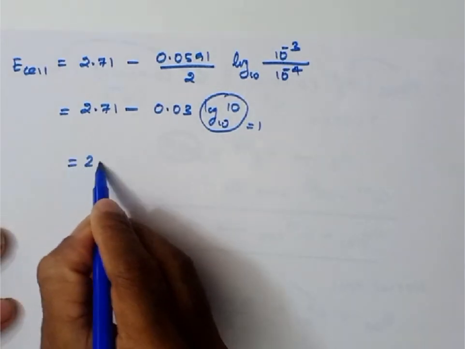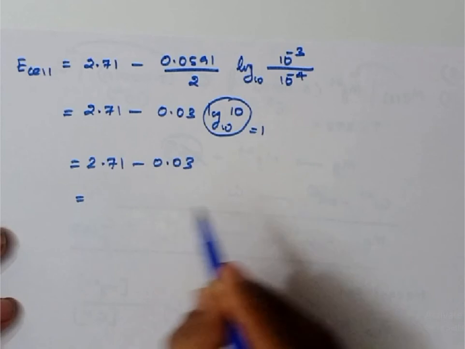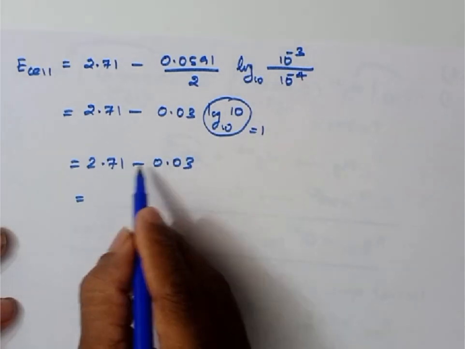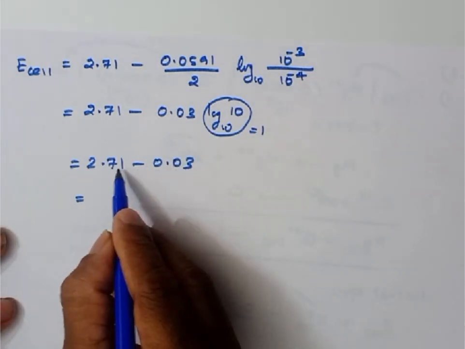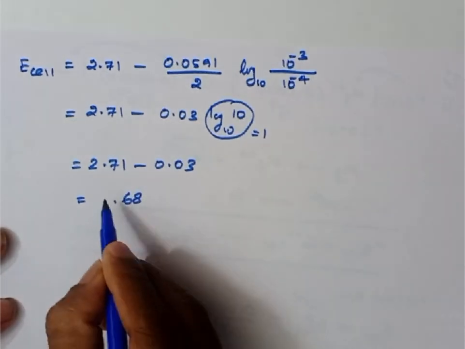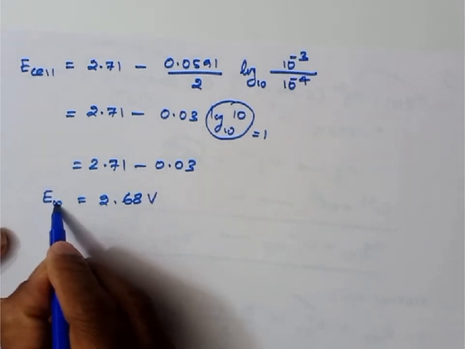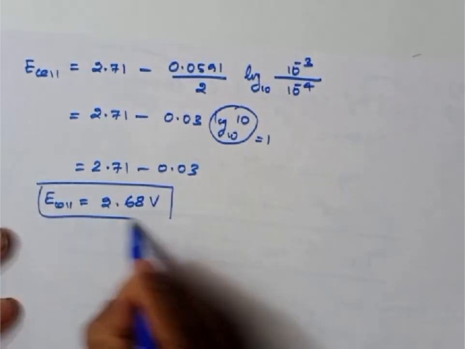Therefore 2.71 minus 0.03, if I subtract, I'll get 2.68 volt. This is the cell potential for this cell.